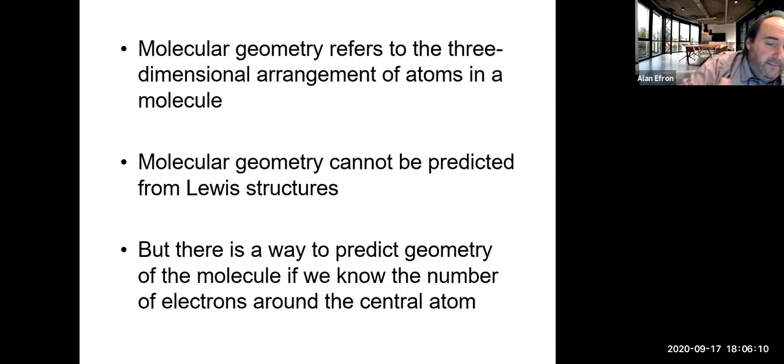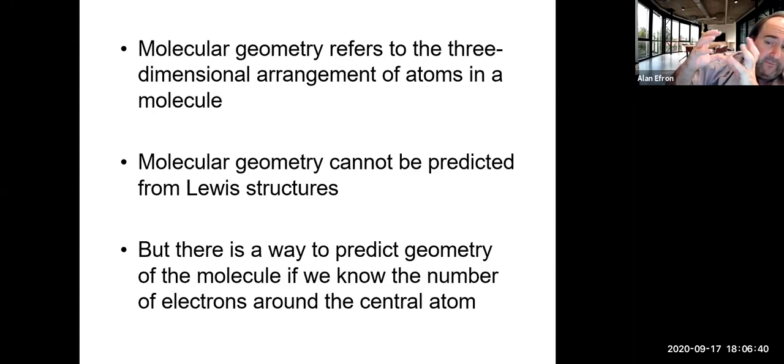But the idea behind pretty much all of this geometry is that ultimately we have all these bonds in these molecules. They're all being held together by sharing of electrons. Electrons are negatively charged, which means just by the process of making all these bonds, we're going to get electrons near electrons. And ultimately, they really don't want to be near each other. So they do the best that they can to get away from each other.